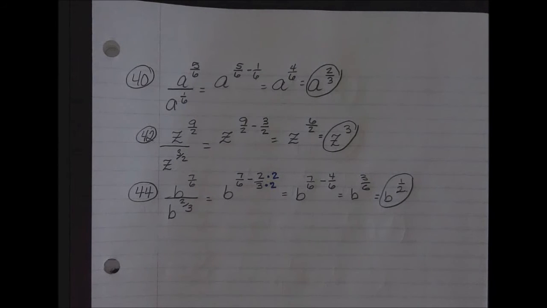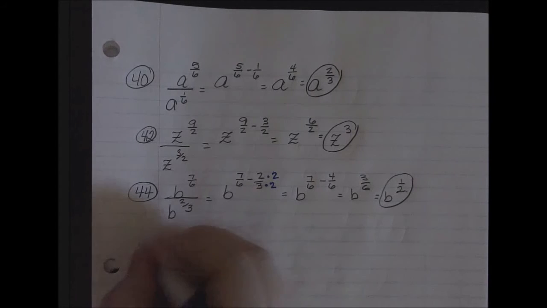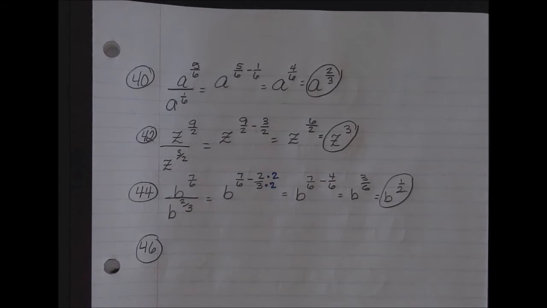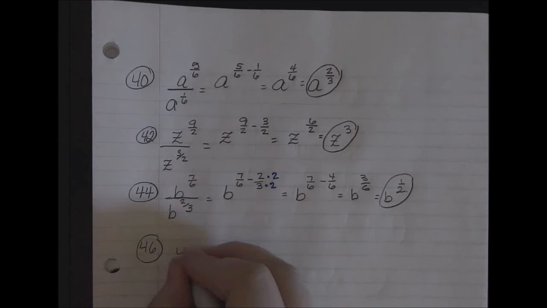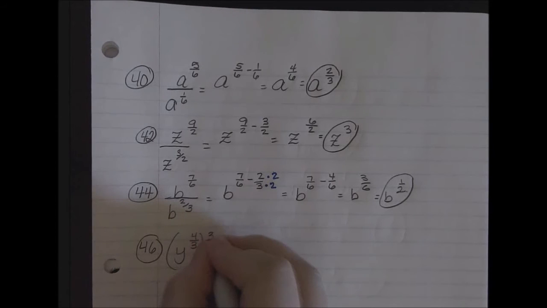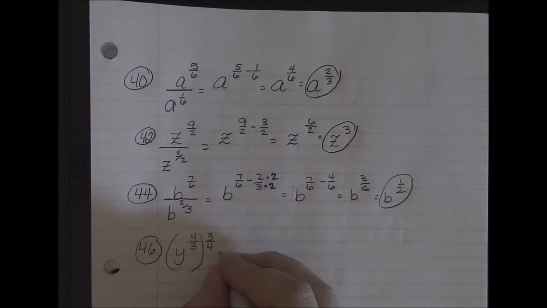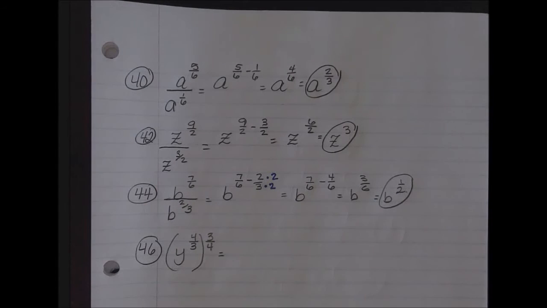All right, now we're going to look at number 46. On number 46, we have y to the 4/3 times 3/4. And when we raise a power to another power, that means it's multiplication.